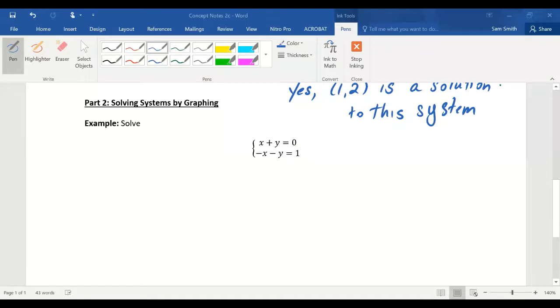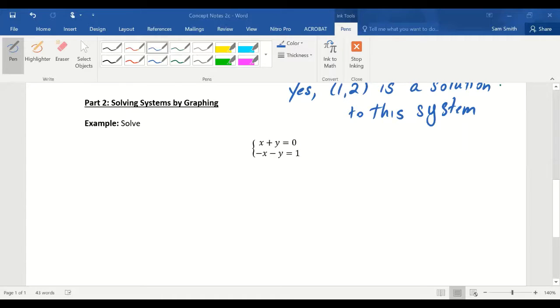So I want to talk about solving systems of equations using a graphical method. Now, you probably have already encountered up to this point a way of solving systems of equations that doesn't require you to do any graphing, that only requires some algebra, some shuffling of numbers and symbols around.